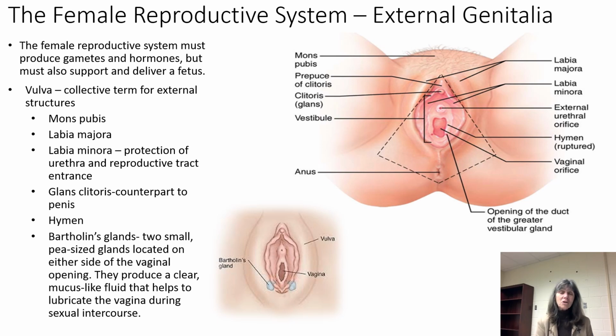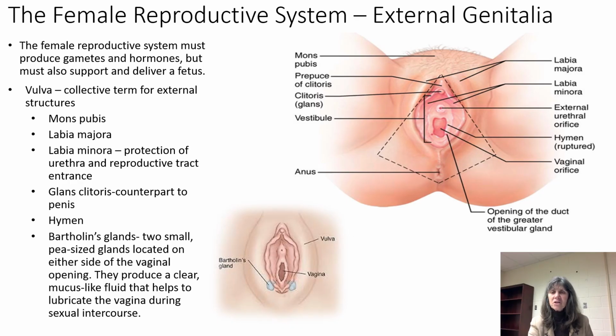It can rupture with intercourse or anything that penetrates the vaginal orifice. There are two little pea-sized glands on either side of the vaginal orifice, and you can see them on the bottom picture to the left. And those are Bartholin's glands. They produce a clear mucus-like fluid that helps to lubricate the vagina during sexual intercourse.